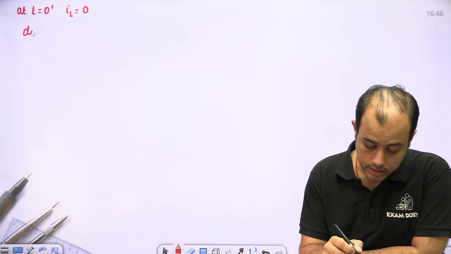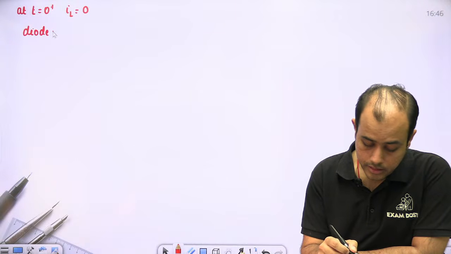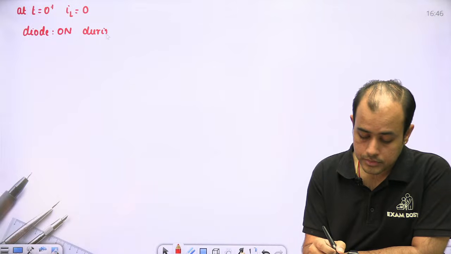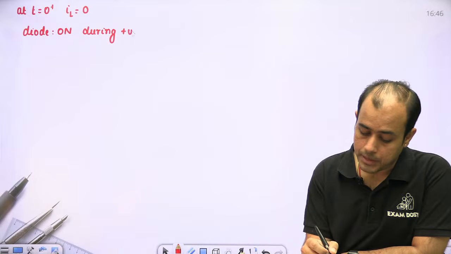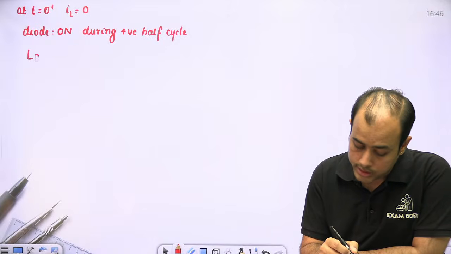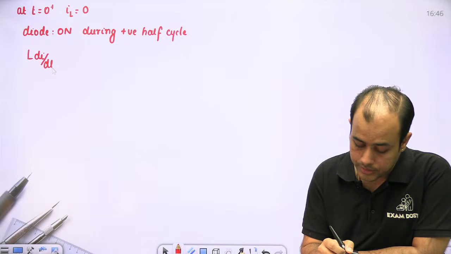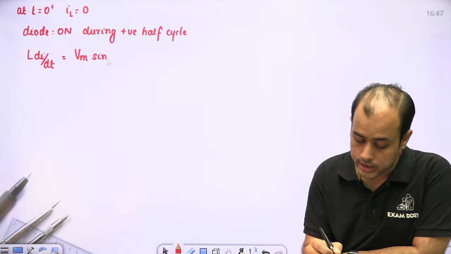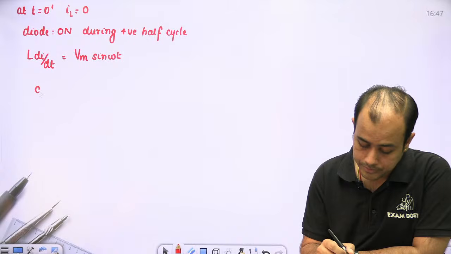And the diode turns on during the positive half cycle. ठीक है, आप मान लीजिए पॉजिटिव हाफ साइकिल में डायोड ऑन हो गया बिकॉज ऑफ फॉरवर्ड बायसिंग. तो द वोल्टेज अक्रॉस द इंडक्टर इज इक्वल टू द सप्लाई. इंडक्टर वोल्टेज बिकम्स इक्वल टू सप्लाई.